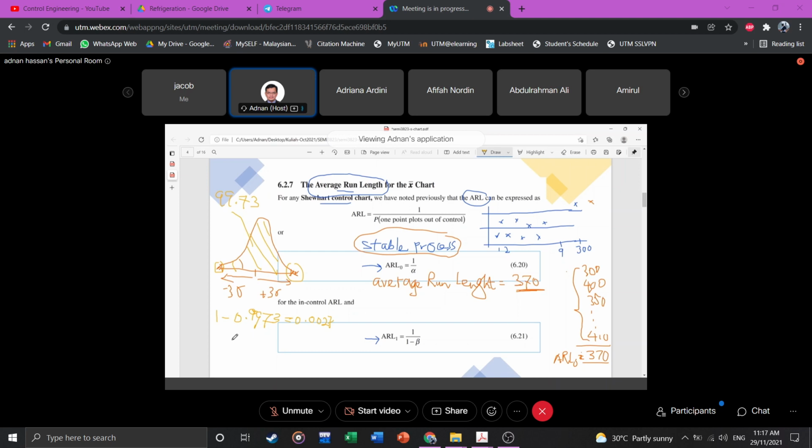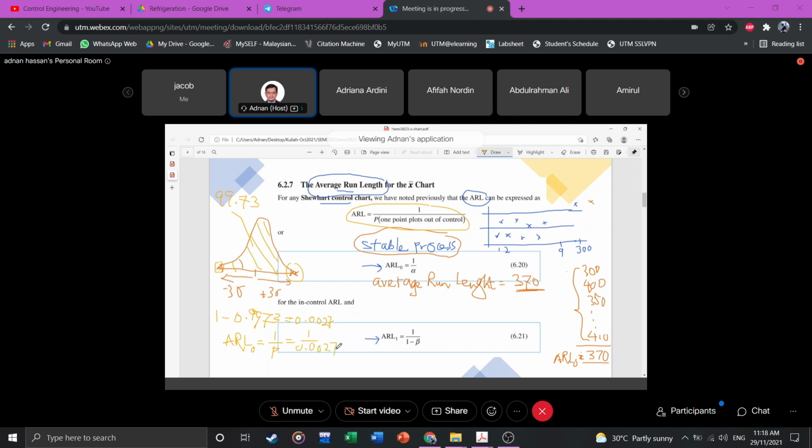So ARL node will be 1 over P. P is this value and this value, so two-sided. The P here is 0.0027.